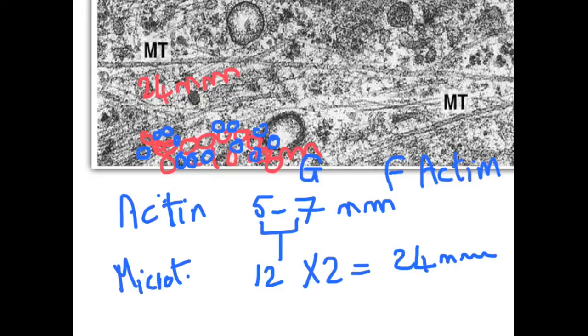The intermediate filaments, you will add another 2 for the size of the actin. So for the intermediate, I have from 8 to 10 nanometer.